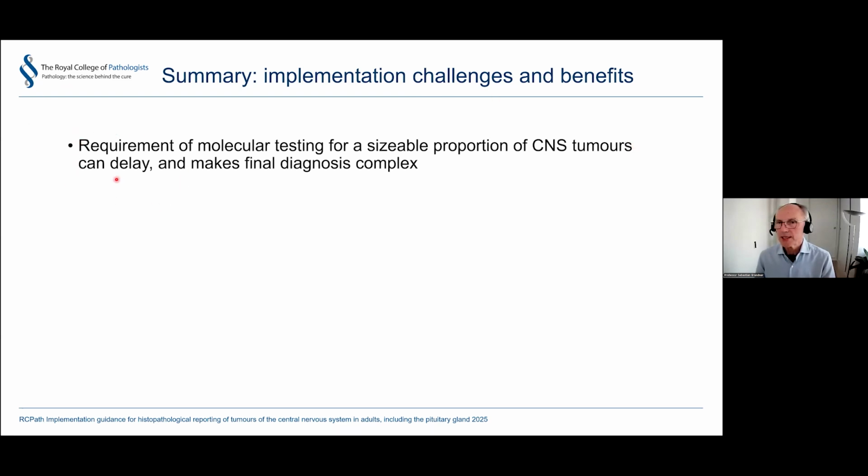Obviously, this requirement to test for treatment or for diagnosis can delay and also make the final diagnosis complex, in particular if iterative. So all pathologists are aware, if molecular tests come a week, 2 or 3 weeks later, whenever a test comes through and there's additional evidence, a supplementary report is issued. So usually we end up with 2-part reports, often also 3 and 4, sometimes 5 iterative reports.